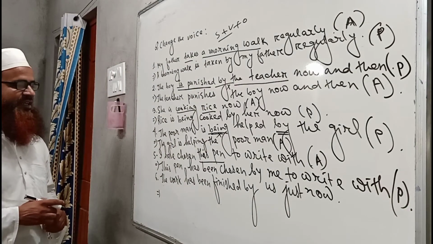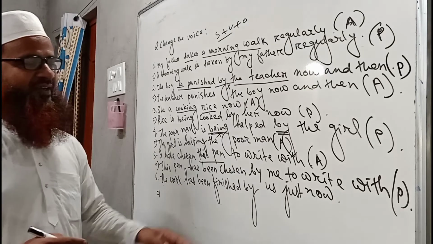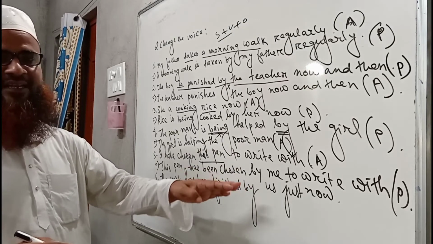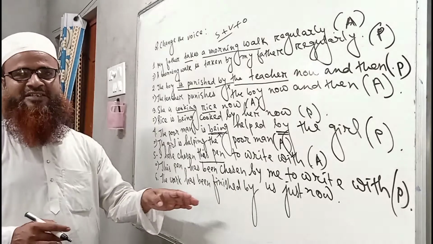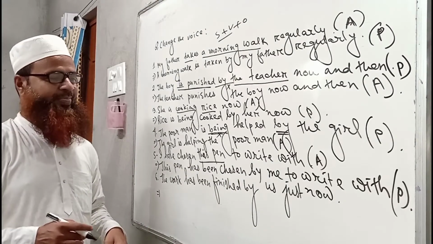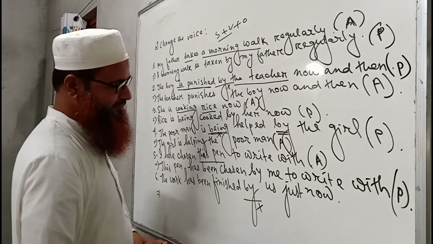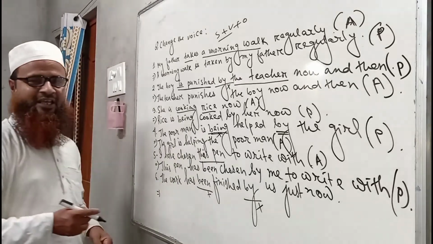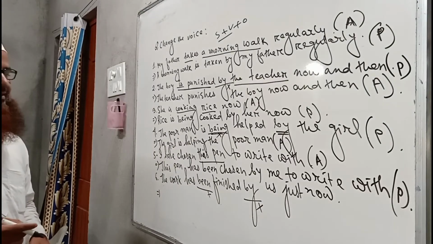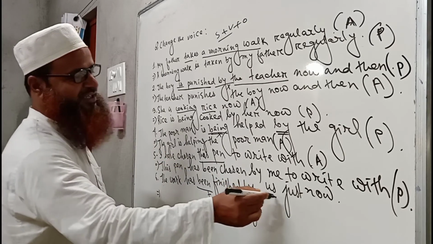Again, the work has been finished by us just now. So here this sentence is of present perfect tense, and it has been written in passive voice. So you have to make it active, and you have to drop by and been. Been comes necessarily in the passive form of present perfect tense. That is why we have to use the subject form of us.